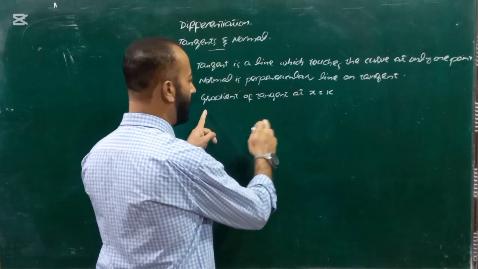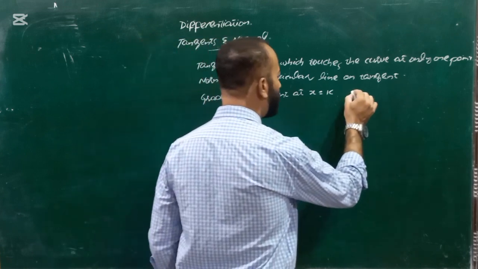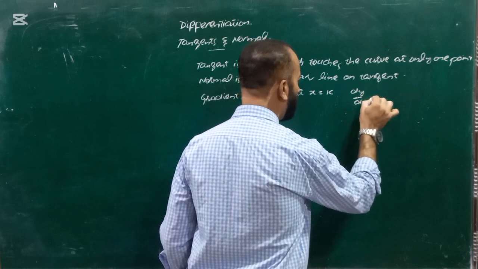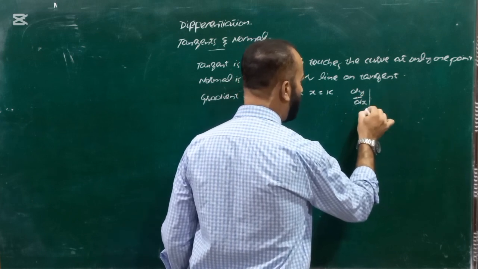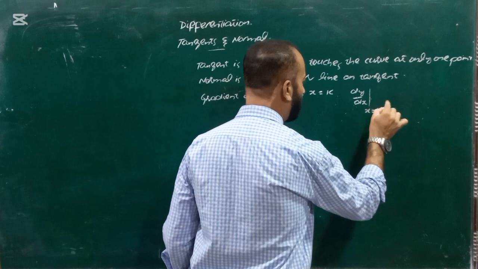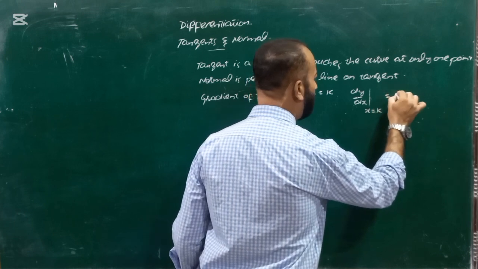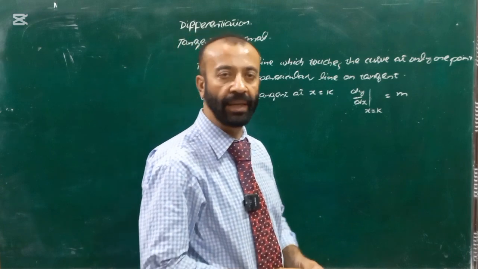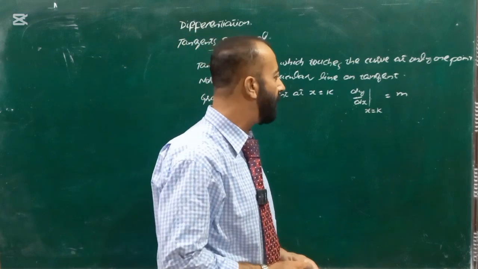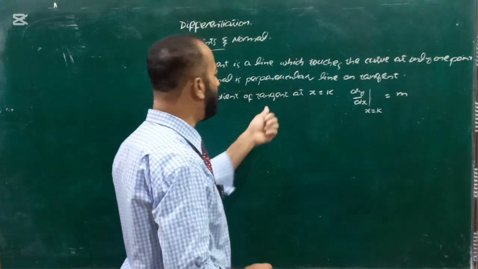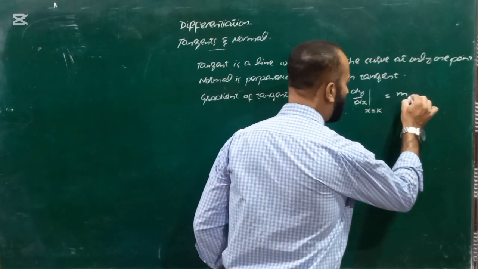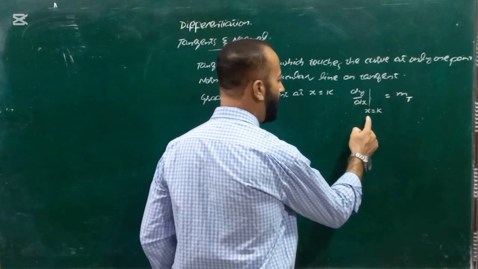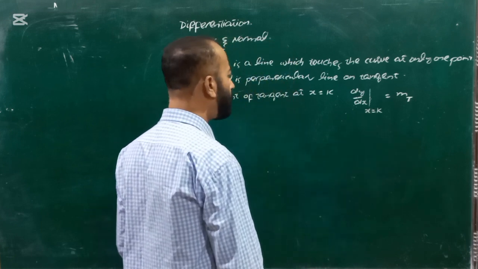The gradient of the tangent at x is equal to k is dy by dx at x is equal to k, and it will be represented by, because we know from coordinate geometry that gradient is represented by m. Because this is a gradient of the tangent, we will put a capital T in the bottom. So the gradient of the tangent is equal to dy by dx at x is equal to k.